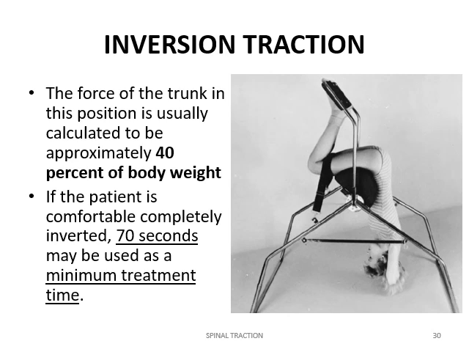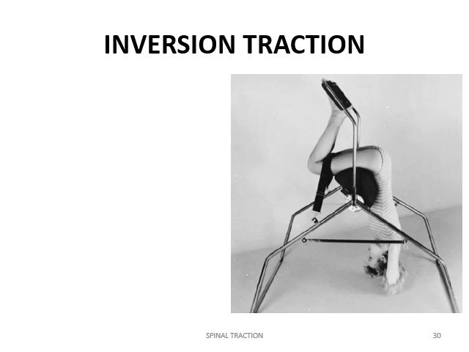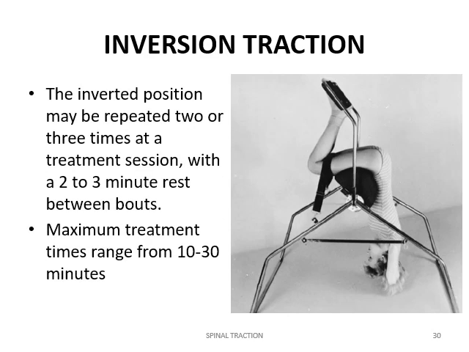If the patient is comfortable in the completely inverted position, 70 seconds may be used as a minimum treatment time. The inverted position may be repeated 2 or 3 times at a treatment session with a 2 to 3 minute rest between the bouts.